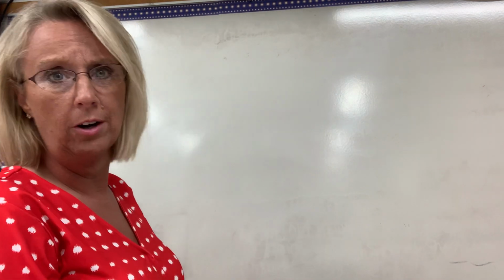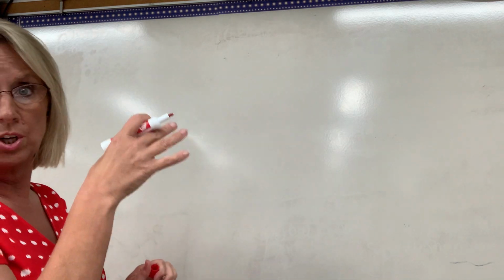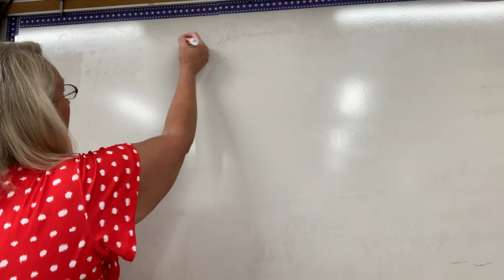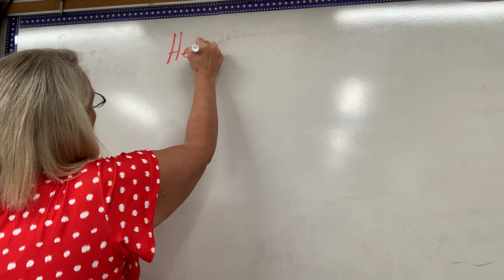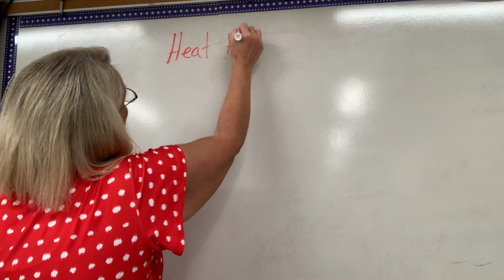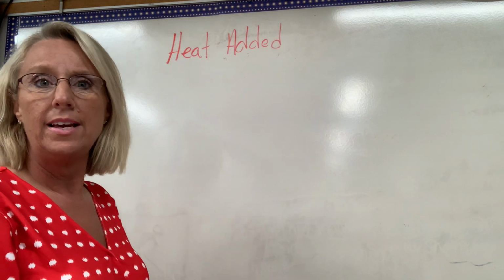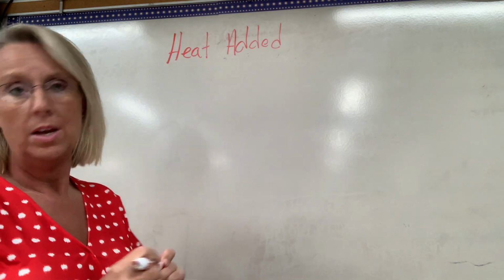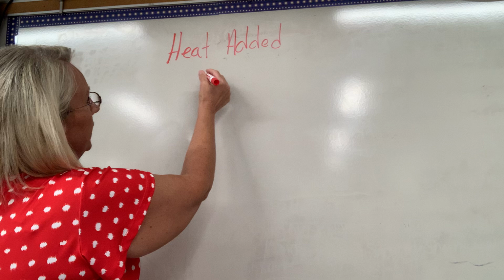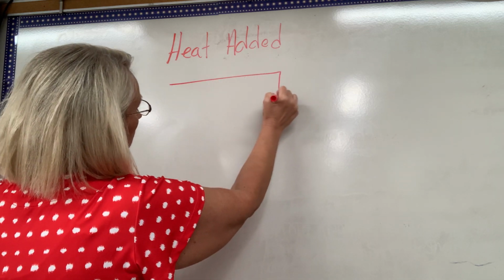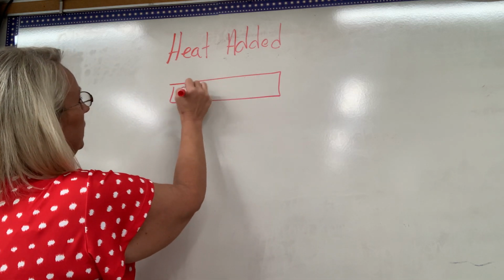Got to find a marker that's kind of bright. So our first flow chart is going to be titled heat added. Okay, heat added. Now, we're going to go ahead and we're going to make rectangles. We're going to list a solid.